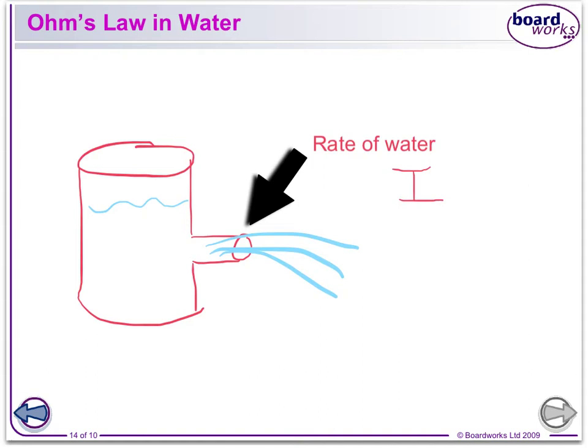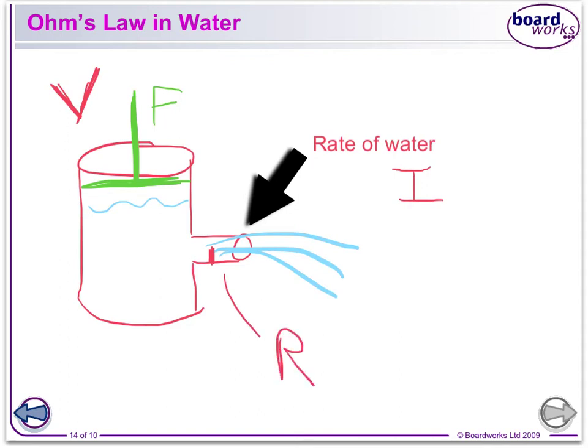Let's also assume that we have a big piston on top of the water, so we can press down with force and increase the water pressure. We could think of this as being the potential. And finally, if we think about this hose being able to be constricted, then this would be our resistance.